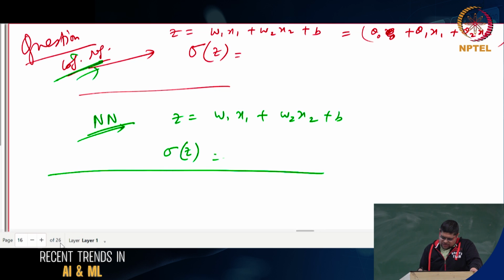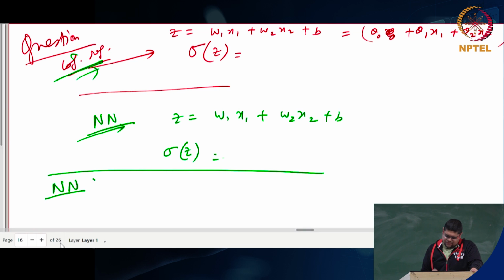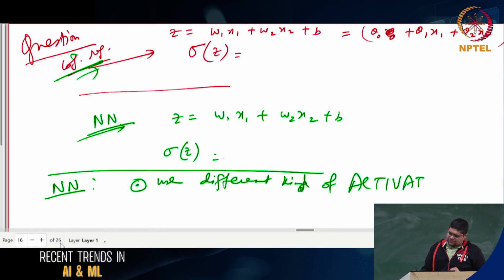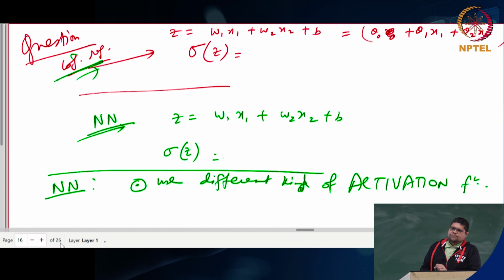But neural network gives us the freedom, number one, to use different kinds of activation function that logistic regression will not give you. Logistic regression has only one type, that sigmoid.